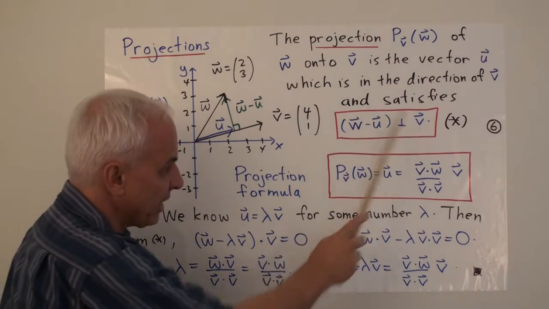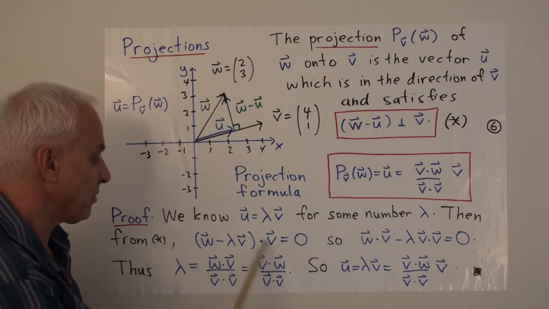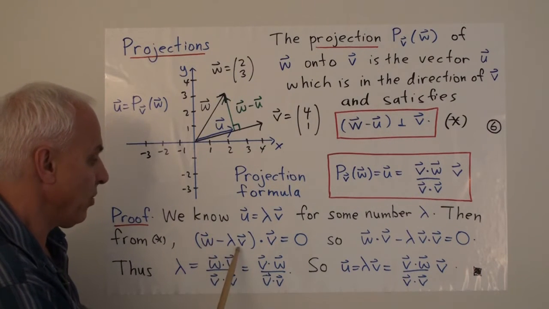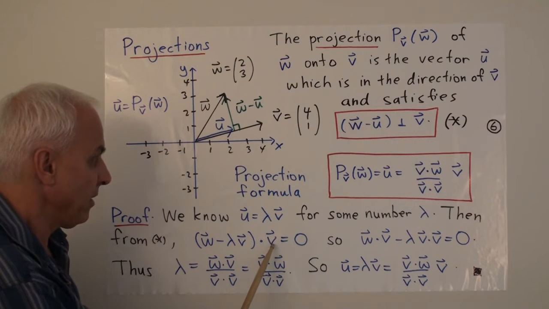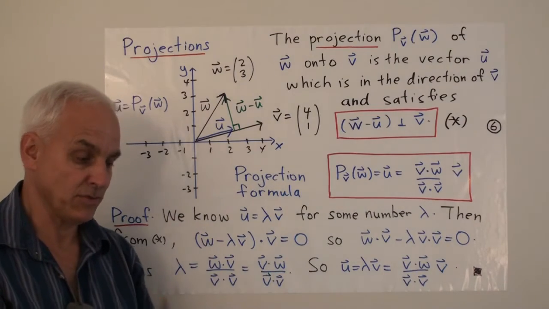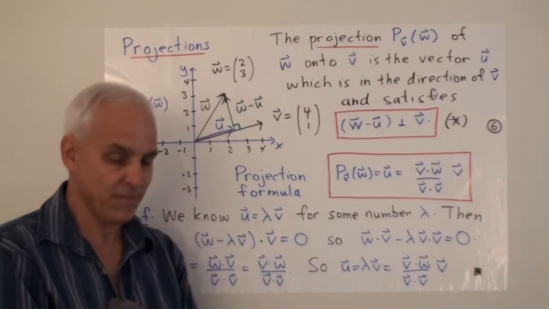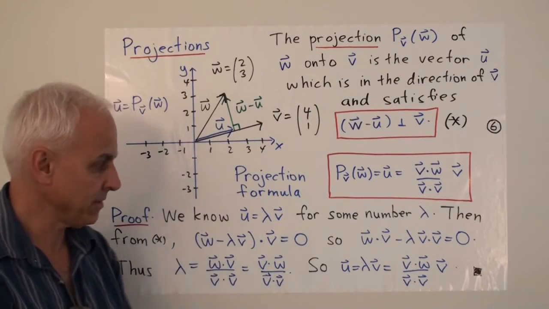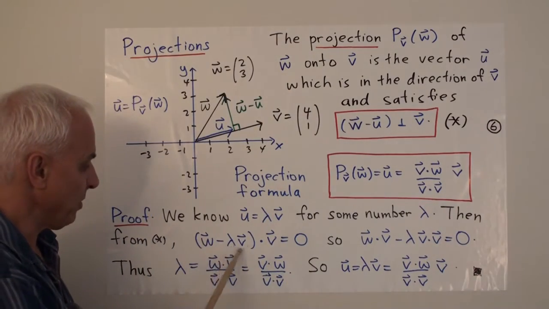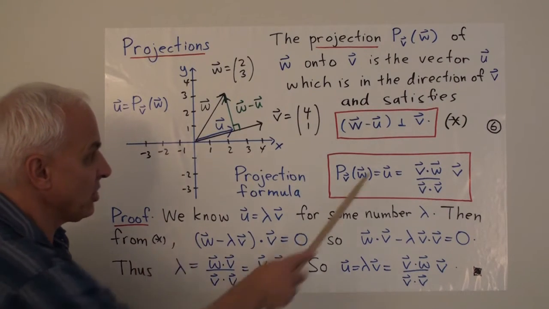Okay, so then this perpendicularity condition is equivalent to the dot product between W minus U and V being 0. So that's how we define perpendicularity, once we've set up a dot product: the dot product of the two vectors is 0. That's what perpendicularity means. So (W minus lambda V) dot V equals 0. That's the condition star here.